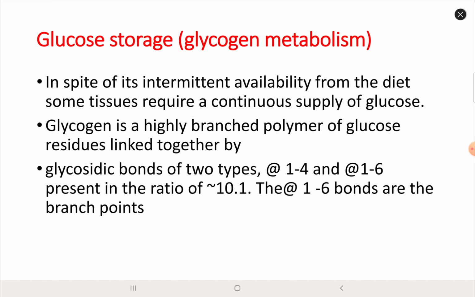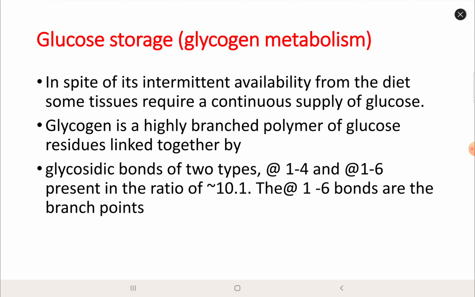We have two types. Glucose is attached to each other by glycosidic bond alpha 1,4 and alpha 1,6.